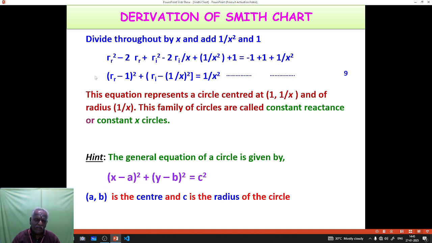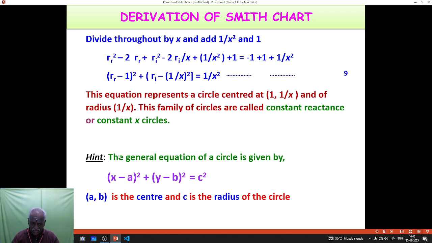Simplifying, we get gamma r minus 1 the whole square plus gamma I minus 1 by x the whole square is equal to 1 by x square. This equation represents a circle centered at 1 comma 1 by x, and the radius is 1 by x. This family of circles is called constant reactance circles or constant x circles.